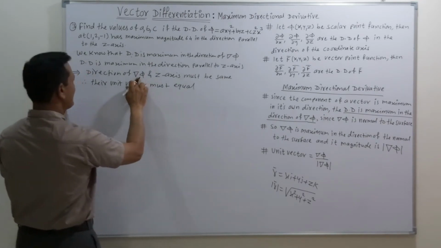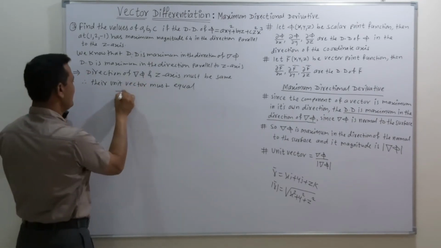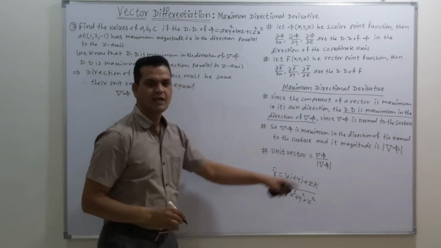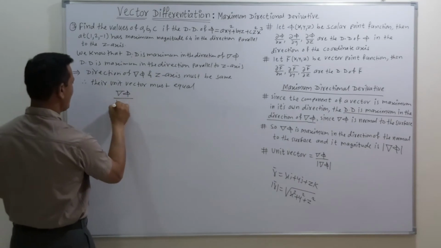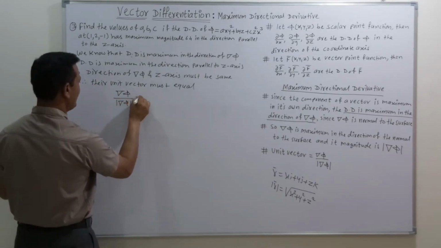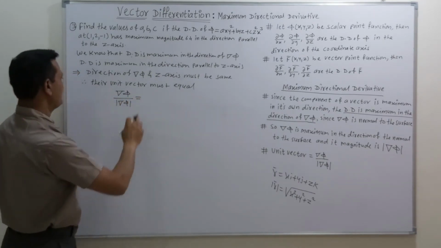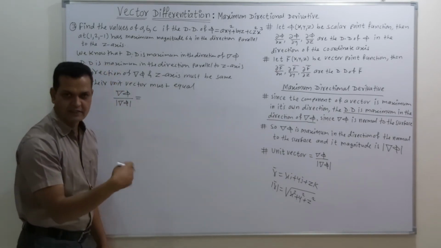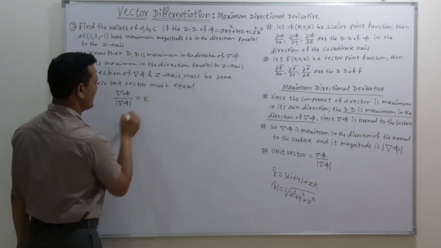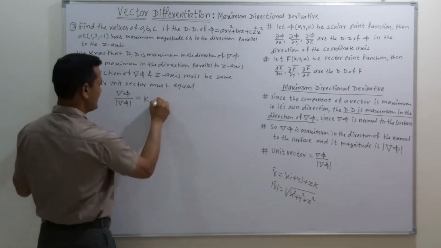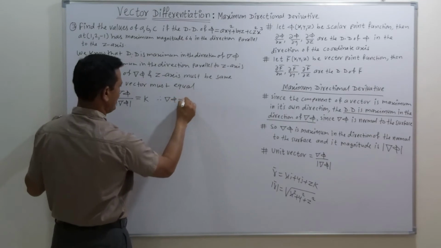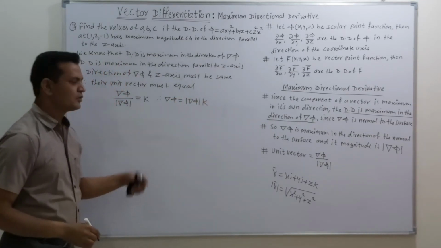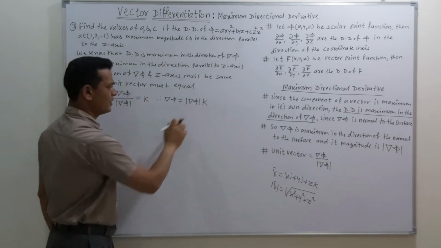So the unit vector along the direction of del phi is del phi upon modulus of del phi, which is equal to the unit vector in the direction of z axis, which is given by k. So we can write del phi is equal to magnitude of del phi into k. But we know the magnitude of del phi.